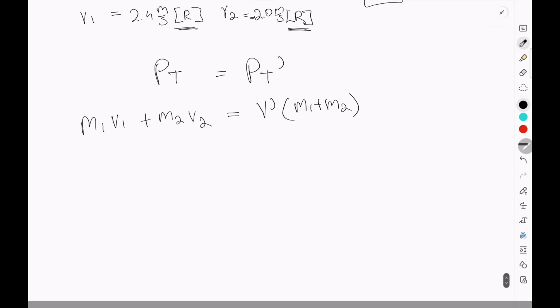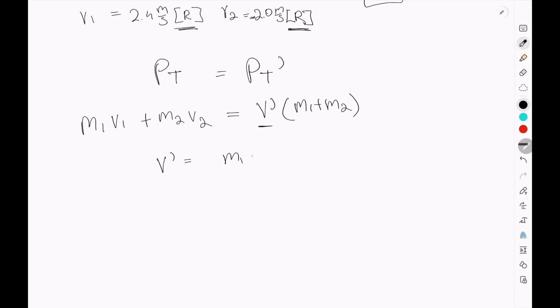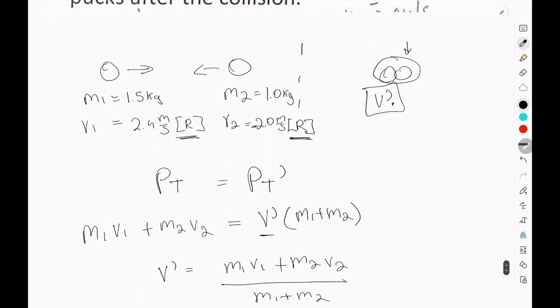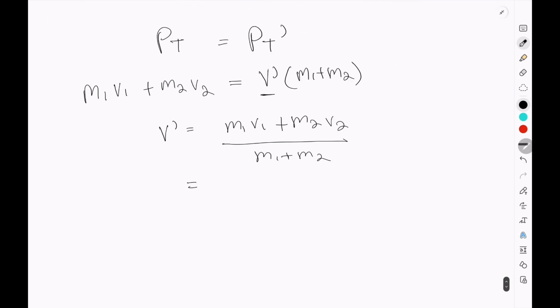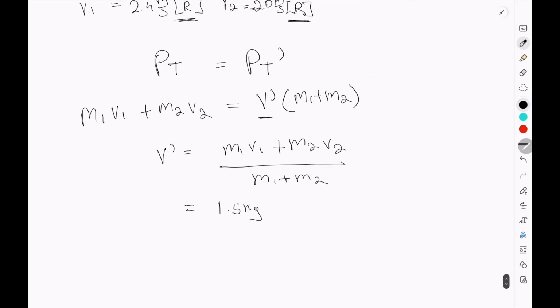Now we want to isolate for V prime. So V prime is equal to M1 times V1 plus M2 times V2 over M1 plus M2. We plug in our numbers. So M1 is equal to 1.5 kilograms, V1 is 2.4 meters per second, right?